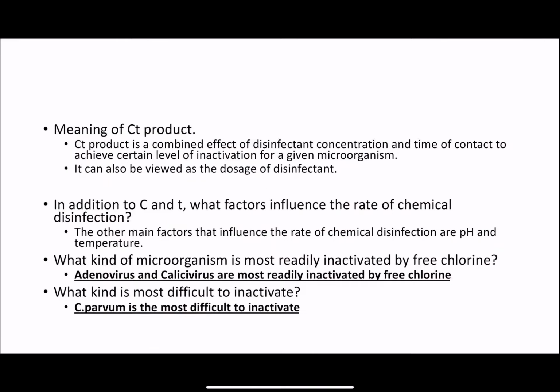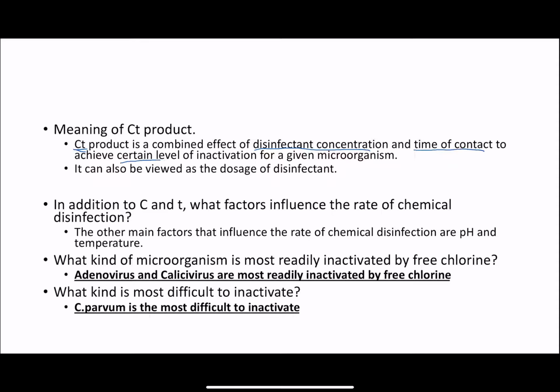So we will define CT one more time. The CT product, or C times T, is the combined effect of disinfectant concentration and time of contact to achieve a certain level of inactivation for a given microorganism. It can also be viewed as the dosage of disinfectant.